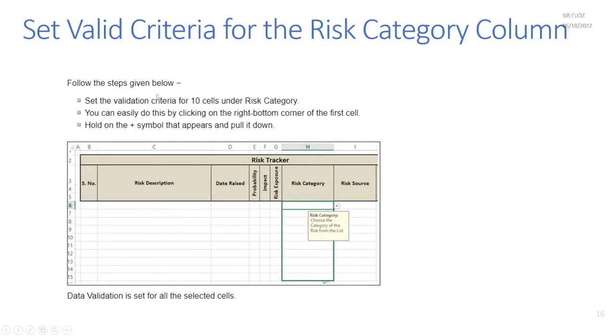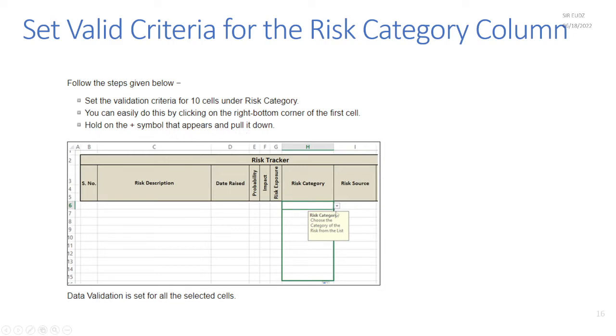Follow the steps given below. Set the validation criteria for 10 cells under risk category. You can easily do this by clicking on the right bottom corner of the first cell. So this is the right bottom corner. Hold on to the plus symbol that appears and pull it down.